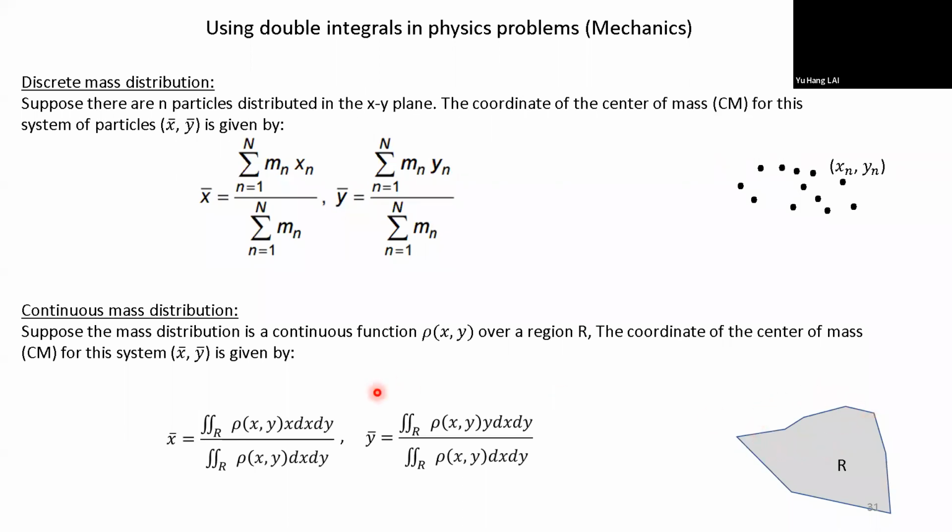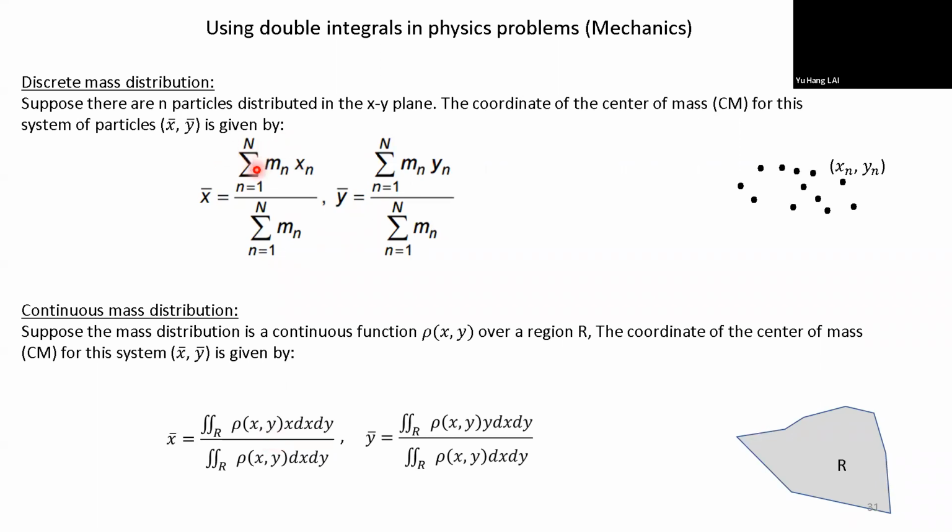In this case, because we are considering a continuous distribution instead of discrete point particles, you can imagine that for every small region dx dy, I will have a tiny bit of mass. Then when we want to find the coordinate for the center of mass, I need to do the double integral.